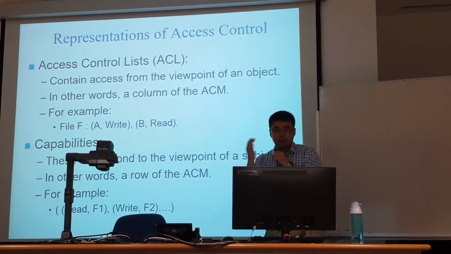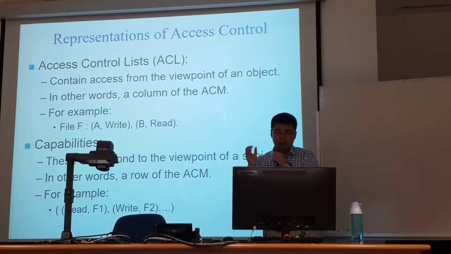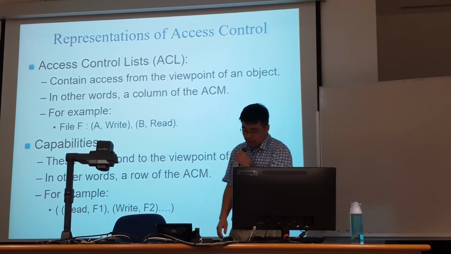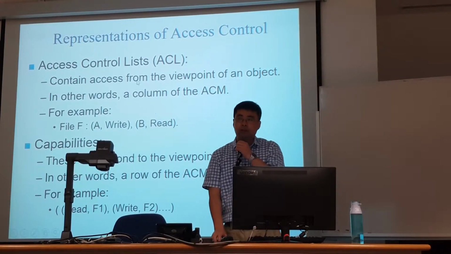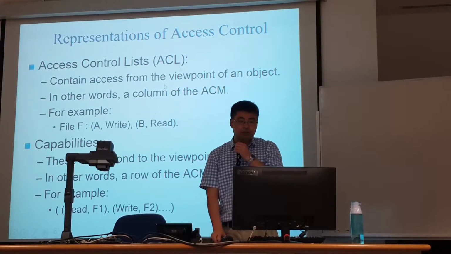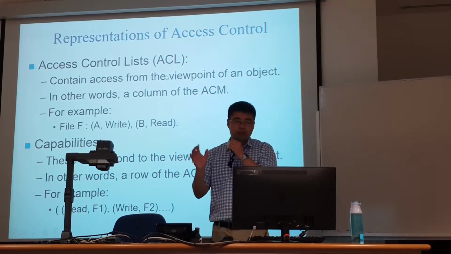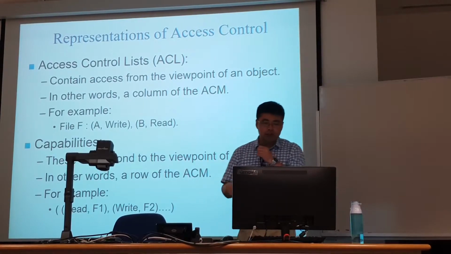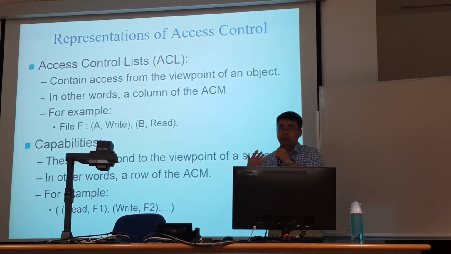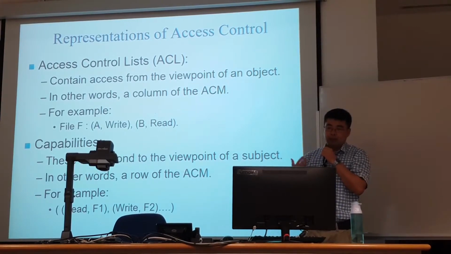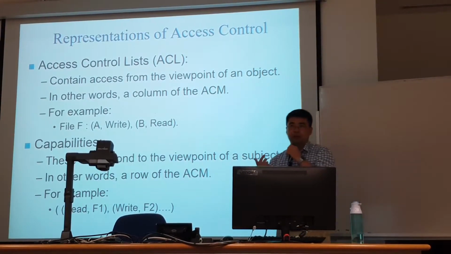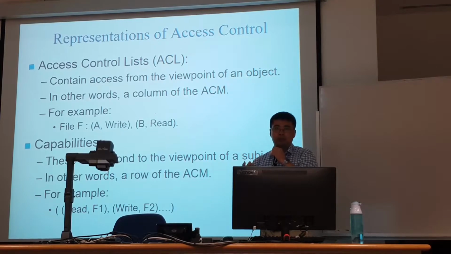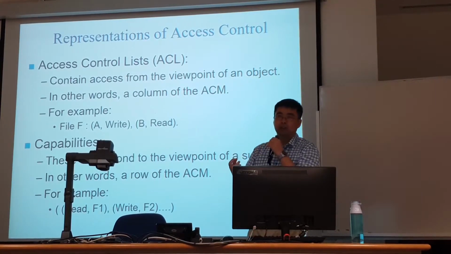If we create a subview of the ACM from the object's perspective, we have the ACL, access control list. This is a common term that you will find in many white papers, technical reports, and so on. ACL basically represents the access control from the object perspective. You define for each object what are the subjects that can access this object and what are the permissions.